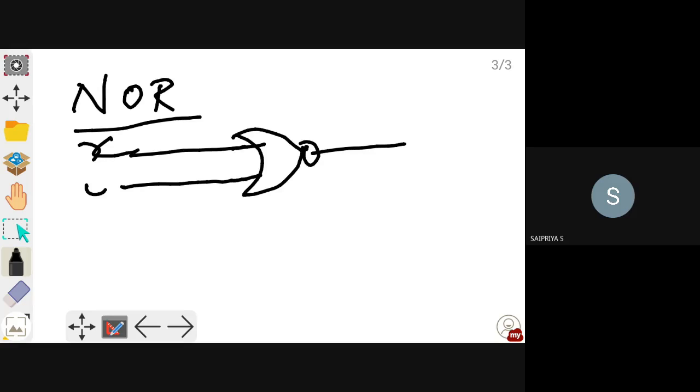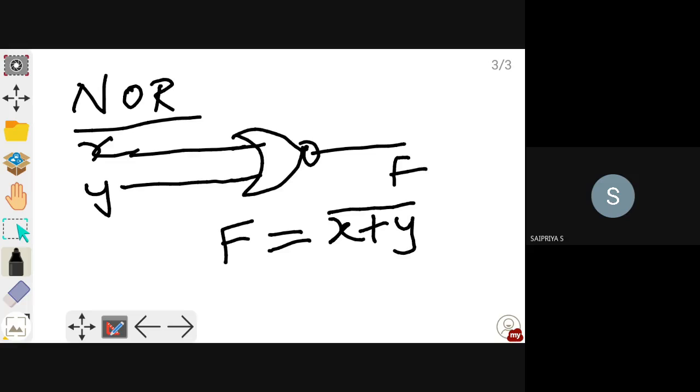So X, Y and F, where the Boolean function is F is equal to X plus Y the whole bar. That is, you have to perform X plus Y and then you have to complement it. So this is the OR gate, and the OR gate with a bubble will give you the NOR gate.